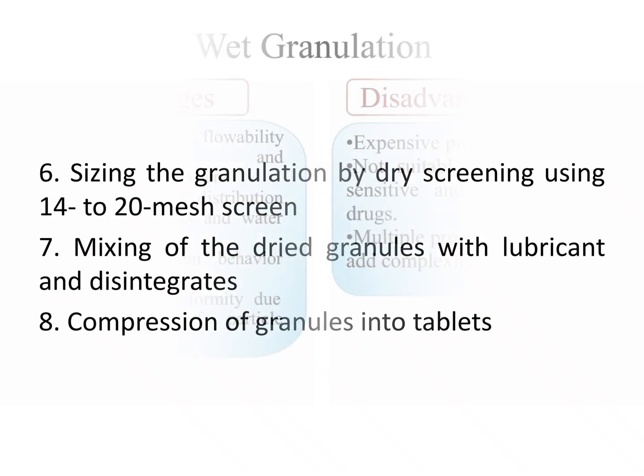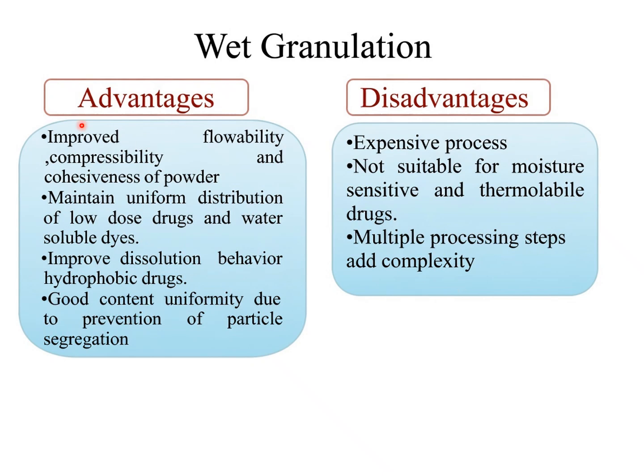We can see a number of advantages and disadvantages of wet granulation method. First of all, it's the most used granulation technology in tablet manufacturing because of improved flowability, compressibility and cohesiveness of powder. Moreover, it maintains uniform distribution of low dose drugs and water soluble dyes.